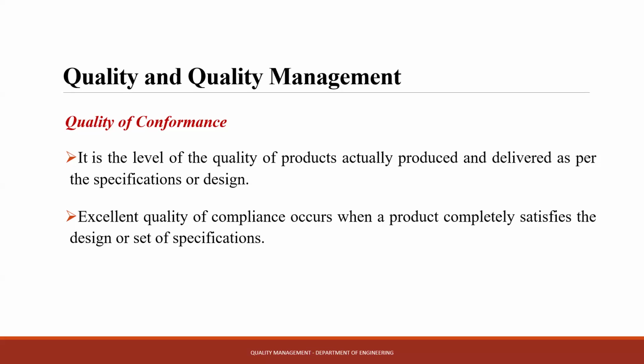Every part of the product aligns perfectly with the design specification if you achieve the quality of conformance. That means it fully satisfies what was originally intended in our initial standards or initial intended design.